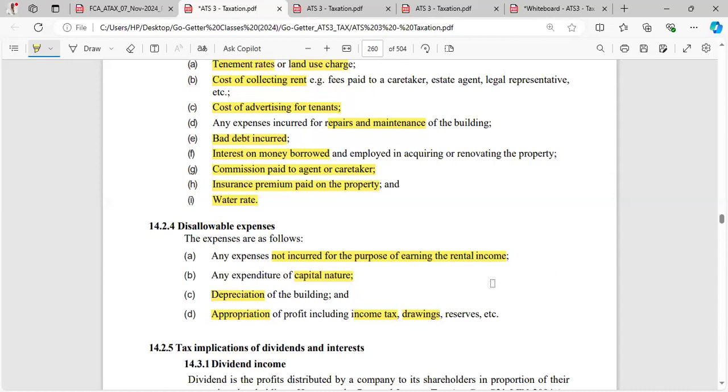Then we have reserves. Reserves are part of your profit that you keep for expansion. So let's say you have a profit of 1 million naira and you say, I'm going to keep 40% somewhere. I won't touch it. I have reserved it. That's why it is called reserve. Now, that money you keep as reserve is not an allowable expense.